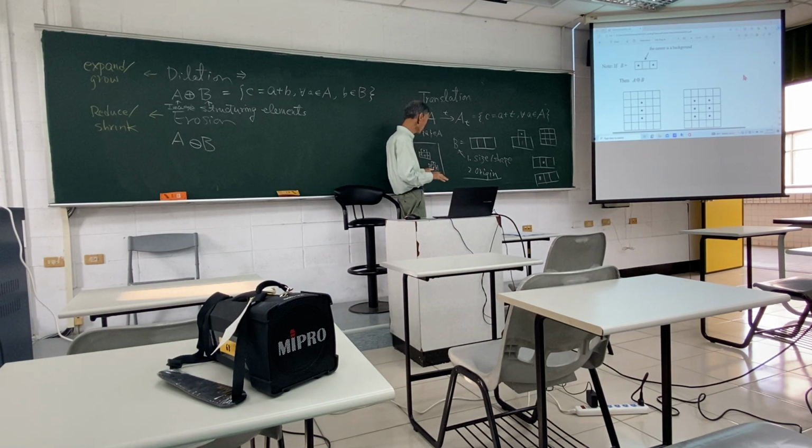But for this one, it's just the neighbor to the left, to the right, and a pixel above them. So the translation is a little bit different. Everyone follow me? Even if the shape or the size is the same, if we define it with a different origin, then things will change a little bit.